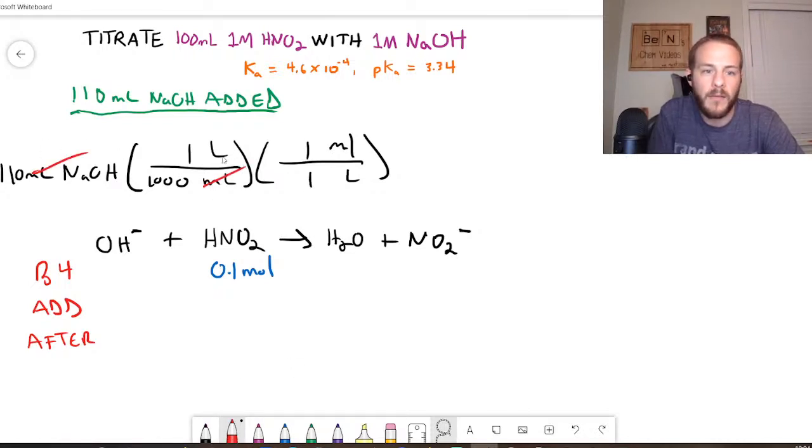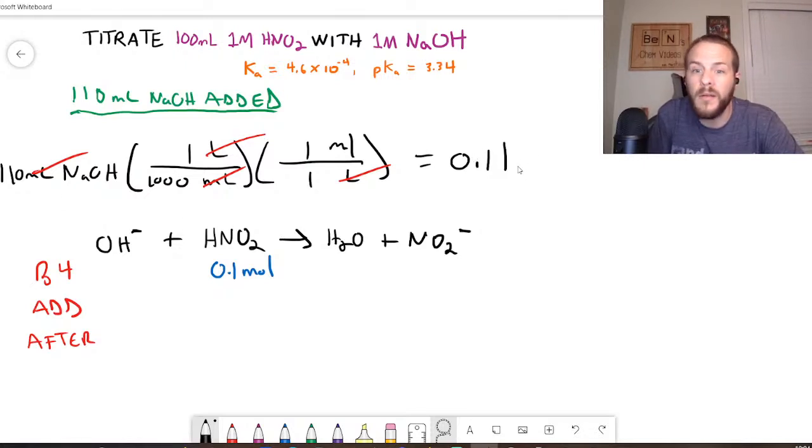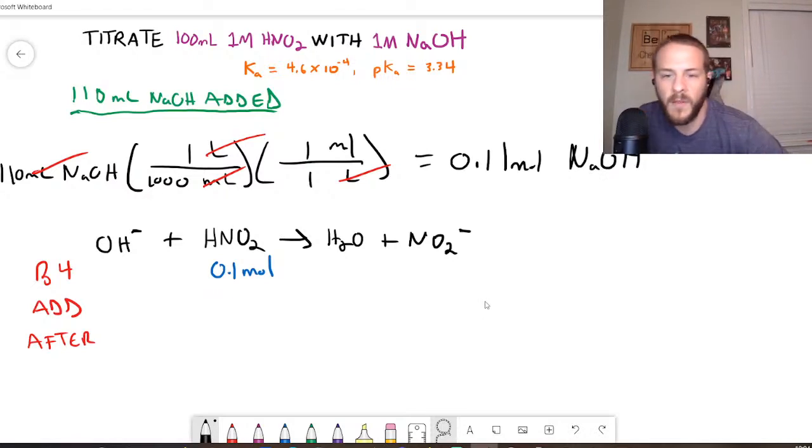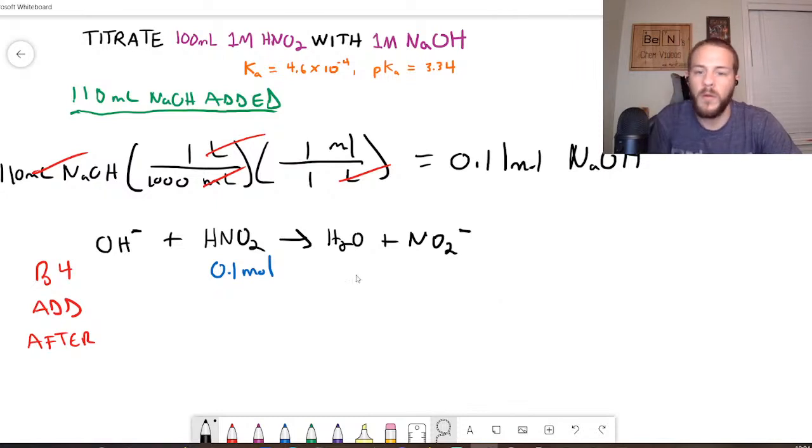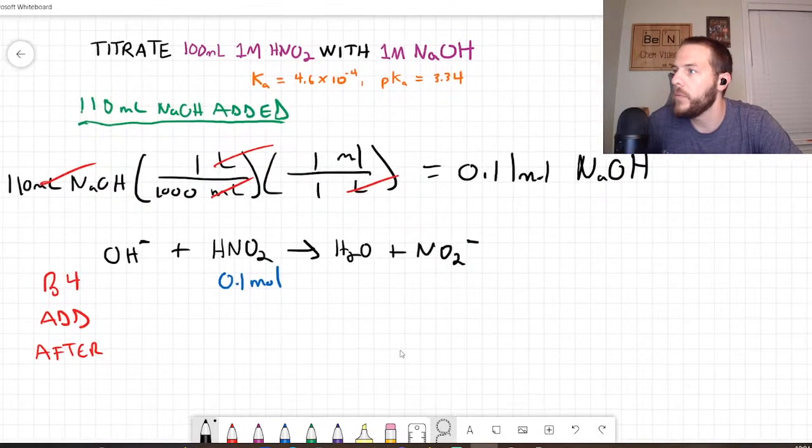Units cancel out just fine, and we are left with 110 divided by 1,000, 0.11 moles of NaOH. So that's how much sodium hydroxide we're going to add to this. And it looks like I'm off the page once again.